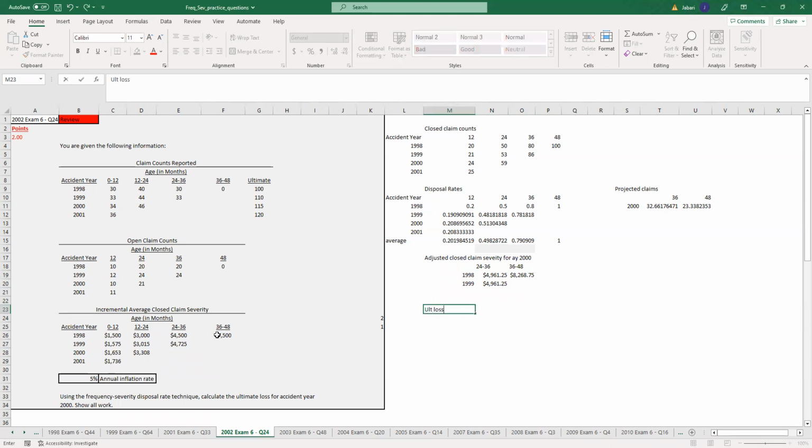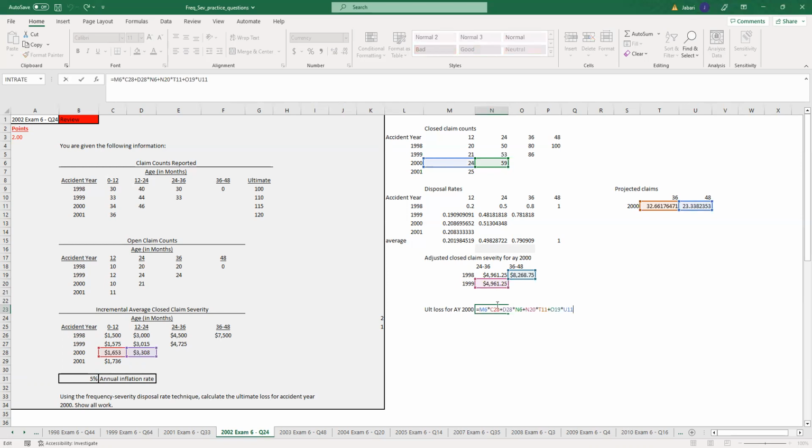Obviously, the ultimate loss for AY 2000 is closed claims times average severity. Because these are the same, I'm not going to take the average of them, but typically you would want to take the average of that, just the closed claims severity for AY 2000. There we go.